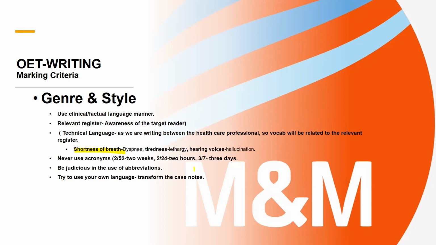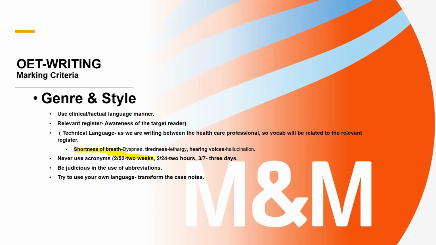Be judicious in the use of abbreviation. You should not overly use abbreviations. You have to be flexible in your use. And in genre, we are also not supposed to use acronyms, such as, let's say, 52 is the number of weeks per year, so we cannot use this 2 by 52.